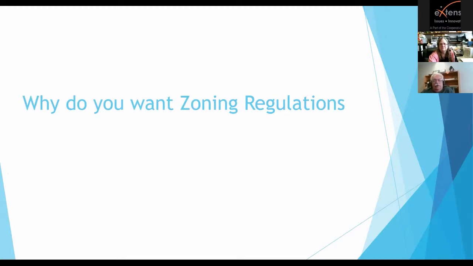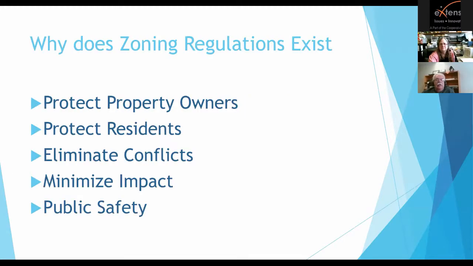Why is there such a thing as zoning regulations? The reason for it is that zoning regulations are in place in order to protect property owners so that their property retains its value. It's also to protect property owners from behaviors that they don't want to be exposed to.